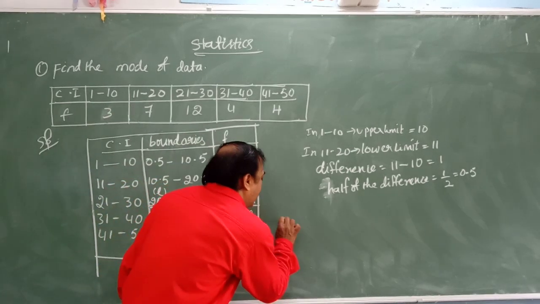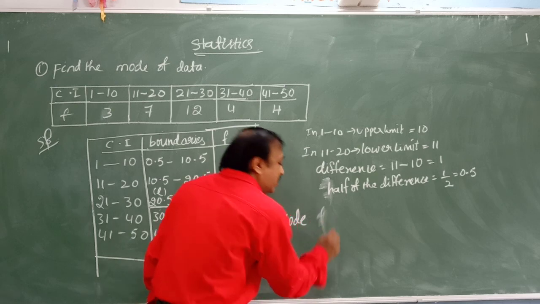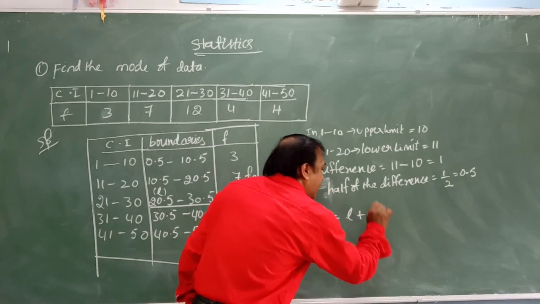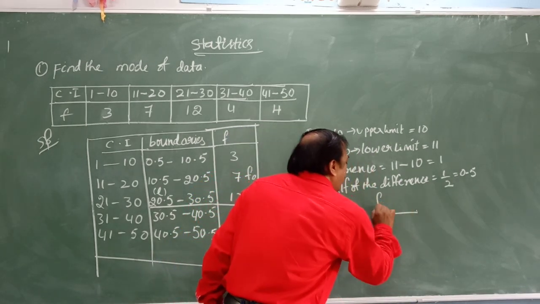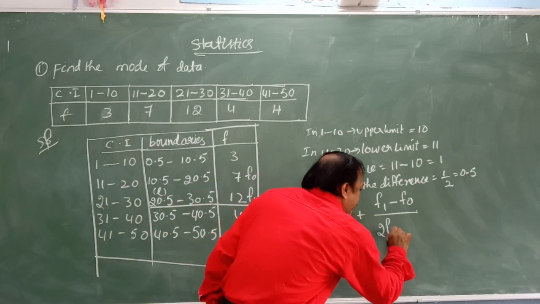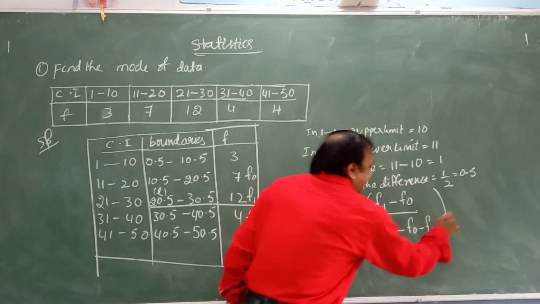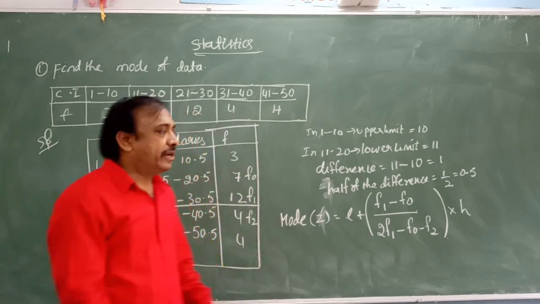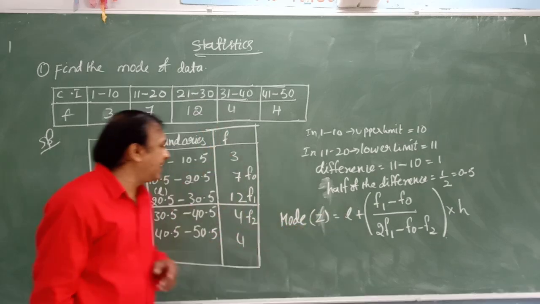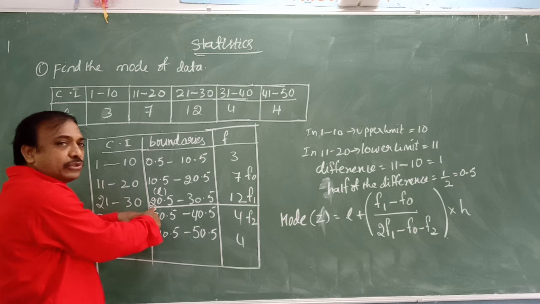So now the mode formula. Mode is denoted by Z. So Z is equal to L plus (f1 minus f0) by (2f1 minus f0 minus f2) into h. We know the values of all these: f1, f0, f2 and the L value 20.5.